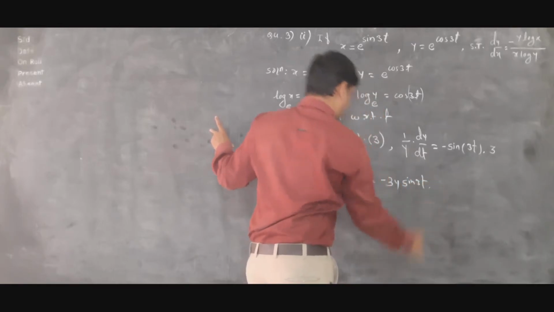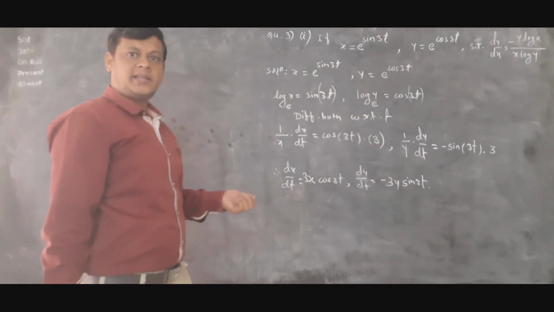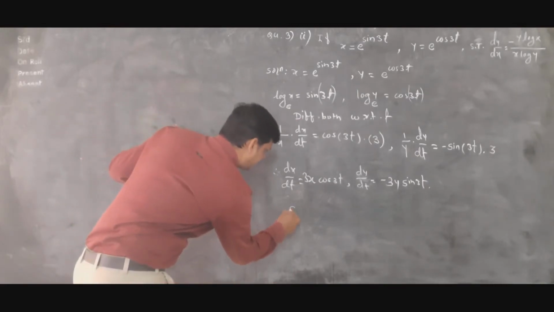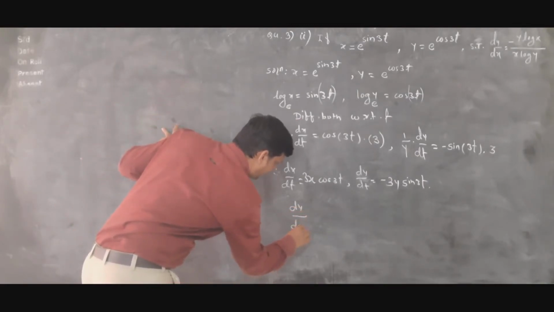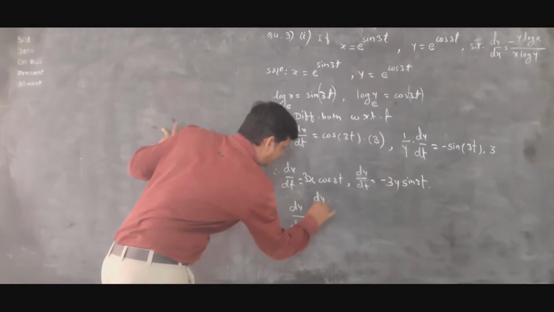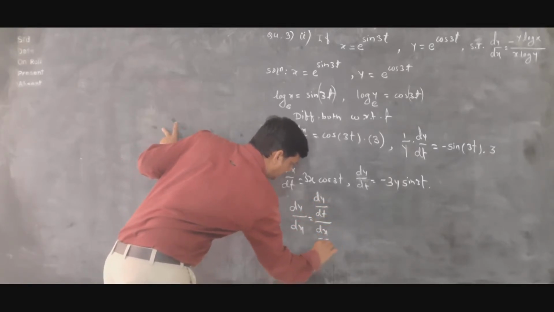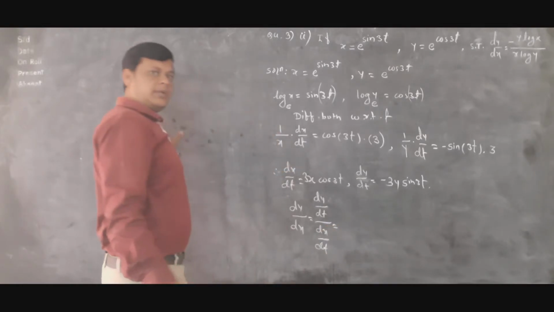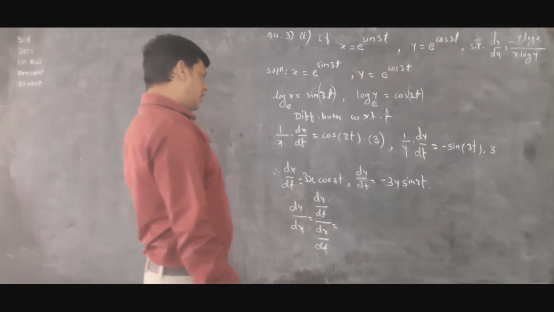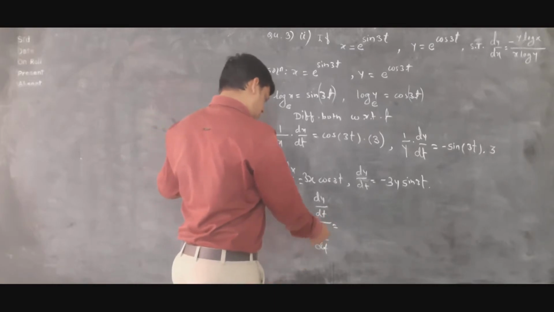sin 3t. We require dy by dx, so we write dy by dx is equal to dy by dt upon dx by dt. Now replace both the values.